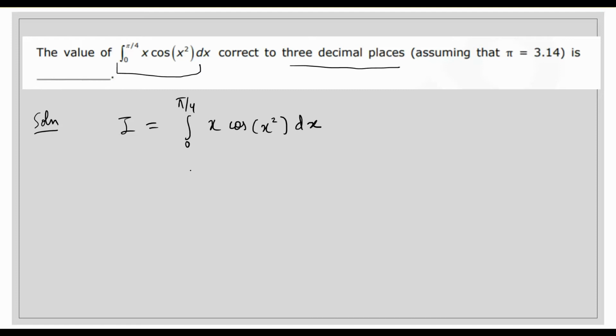Now, if I put x square equal to t, then if I differentiate this, I will get this. So x dx will be equal to what? dt by 2.